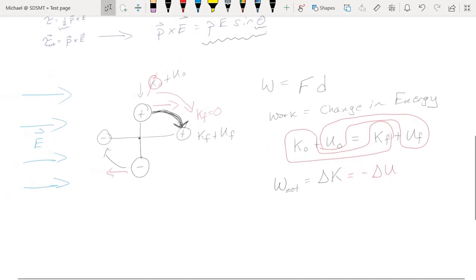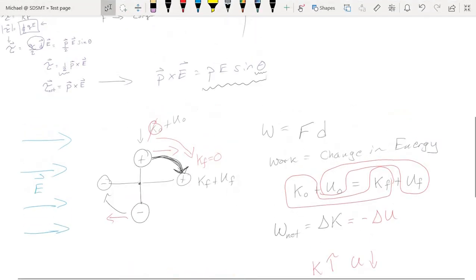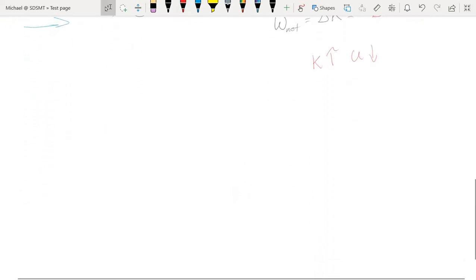And this had to be in an equal and opposite amount. So if our kinetic energy goes up, our potential energy has to go down, such that the total energy in the system remains constant. Well, we can actually find some of those energy values by using the torque expression that we came up with in the discussion above.